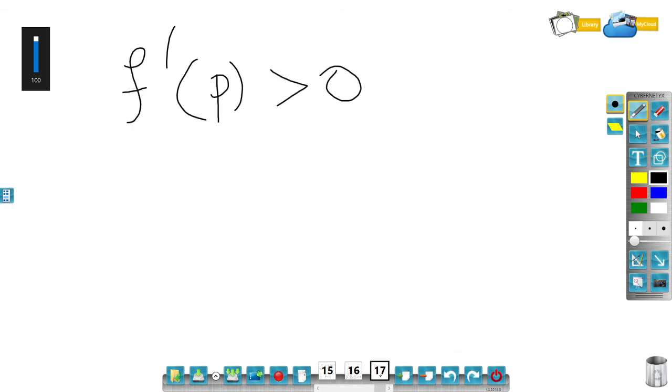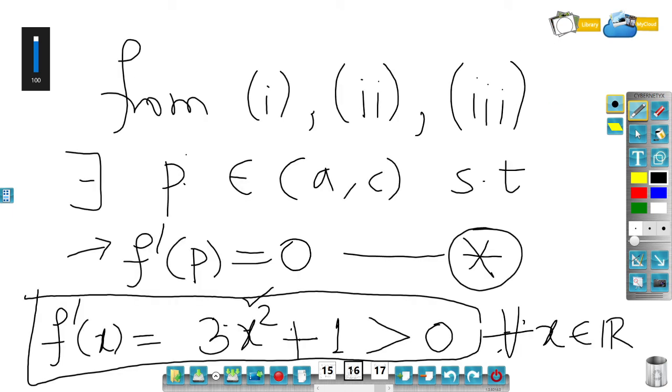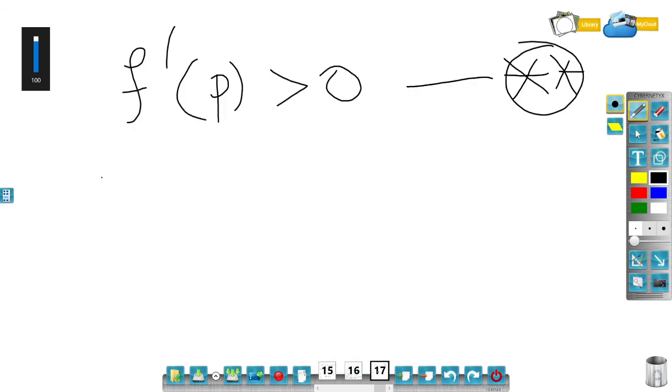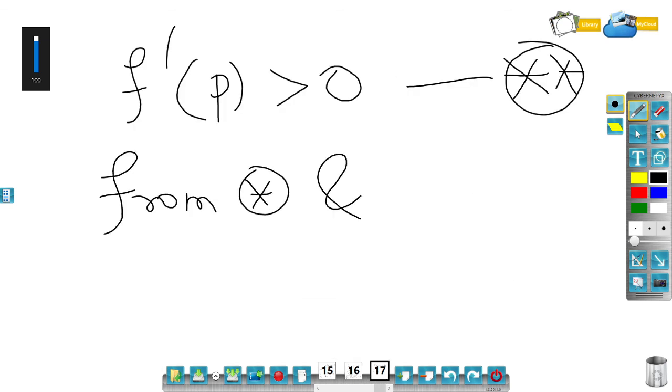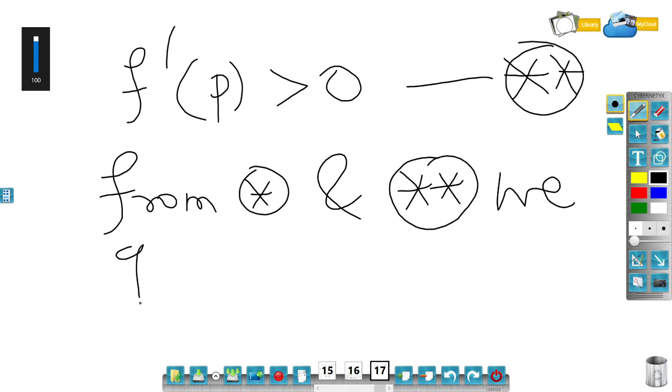We call this double star. So you can see that we got a contradiction, where we have seen that the derivative is strictly greater than 0. So from star and double star, we get a contradiction.